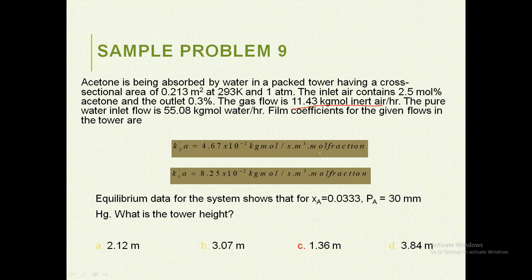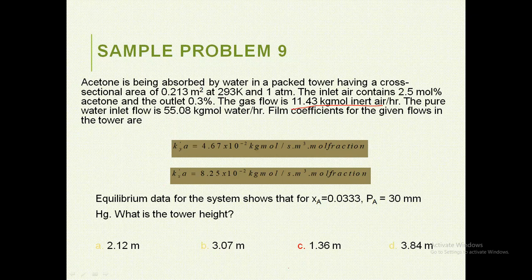And we're given here the film coefficients K sub y prime A and K sub x prime A. Now, equilibrium data for this system shows that when the mole fraction of acetone in the liquid phase is 0.0333, the partial pressure of acetone in the gas phase is 30 millimeters of mercury. What is the tower height?